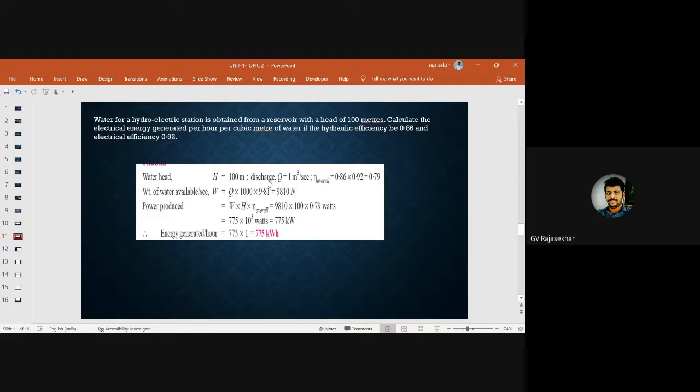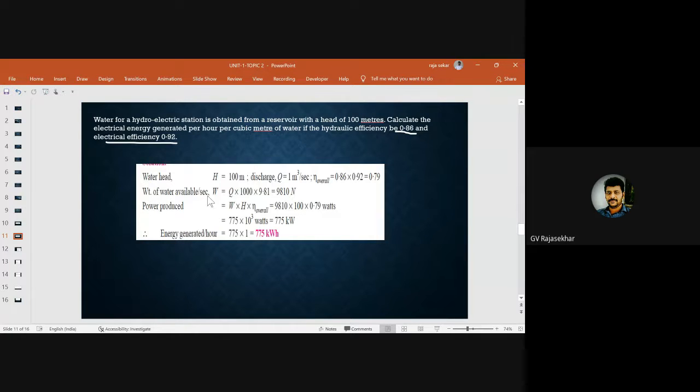Discharge Q is given as 1 meter cube per second. Overall efficiency can be calculated by multiplying the efficiency of the hydraulic system and the efficiency of the electrical system.